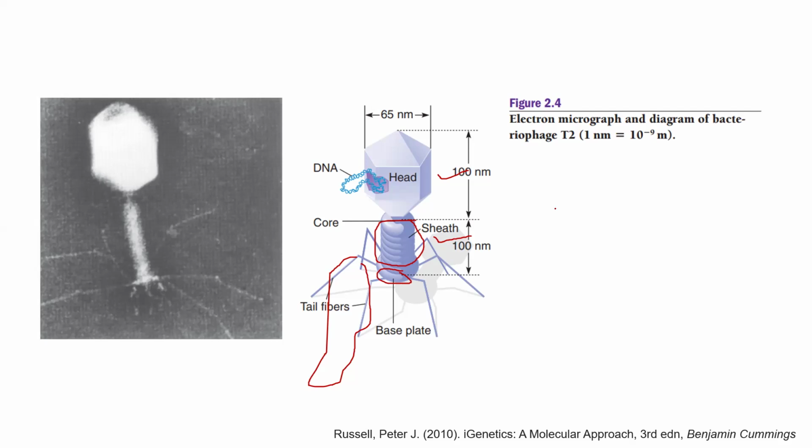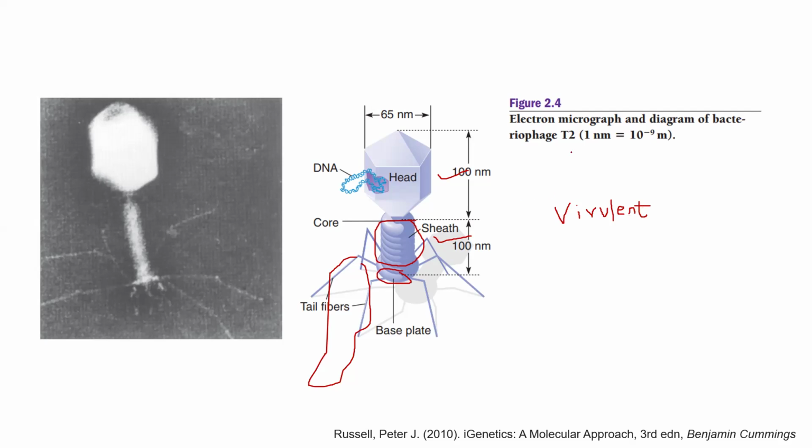There are two types of bacteriophages. First, virulent. A virulent bacteriophage is a bacteriophage that can infect a cell and will follow a lytic cycle, which means it will kill its host cell at the end of the cycle and will cause cell lysis.